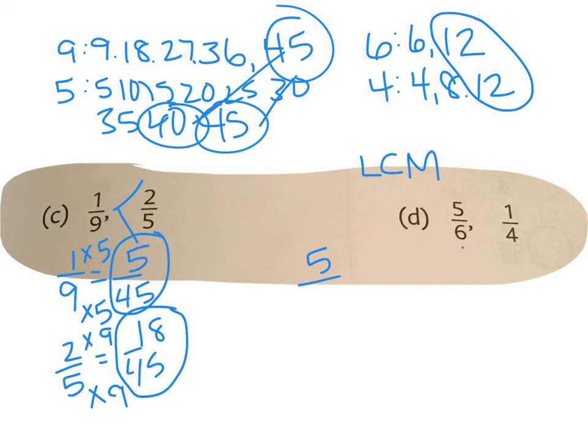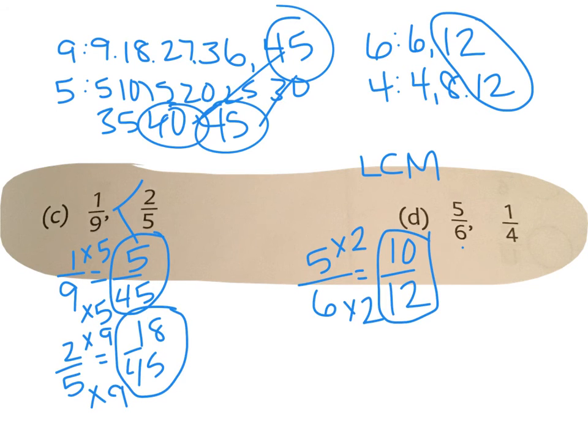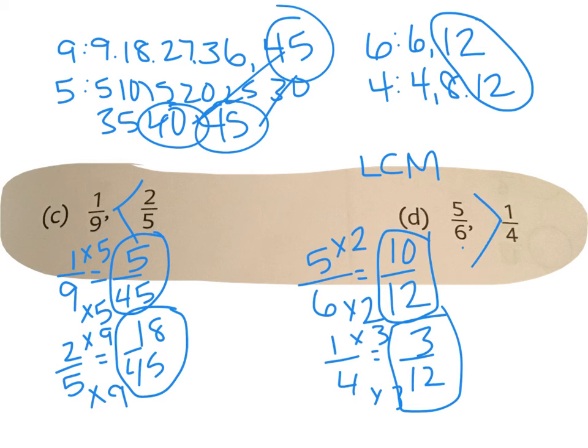So now 5/6 equals how many 12ths? What did I multiply? By 2. Do the same to the top. Now I have 10 12ths. Change 1/4 to 12ths. I multiply by 3, multiply by 3. Now compare 10 12ths to 3 12ths. 10 12ths is going to be bigger, or 5/6 is going to be bigger.